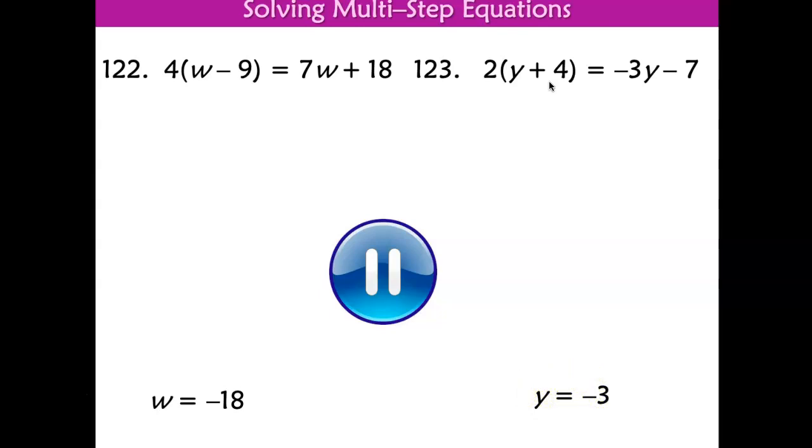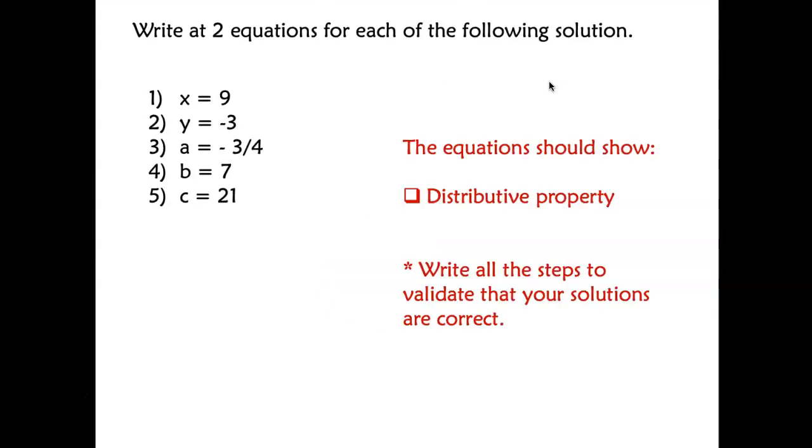Just like in the previous video, I will require you to write 2 equations for each of the following solutions. But you are only using one format. Show or write equations that use the distributive property that will give you the answer 9, but you have to write 2 for 9.